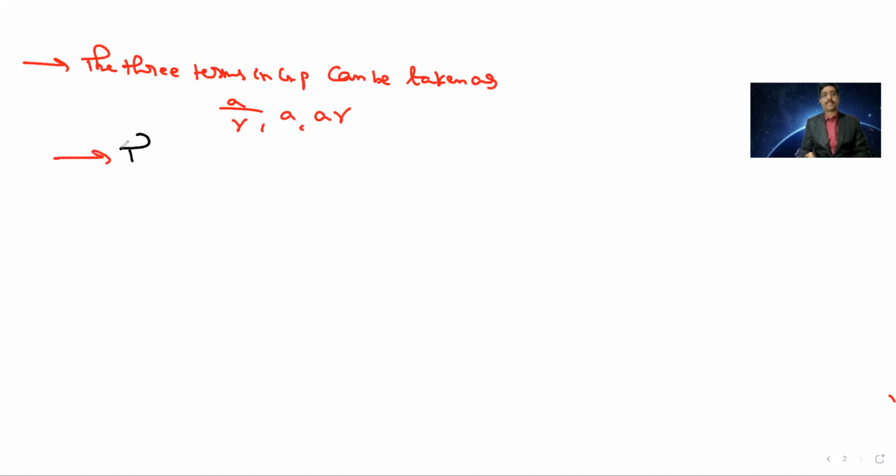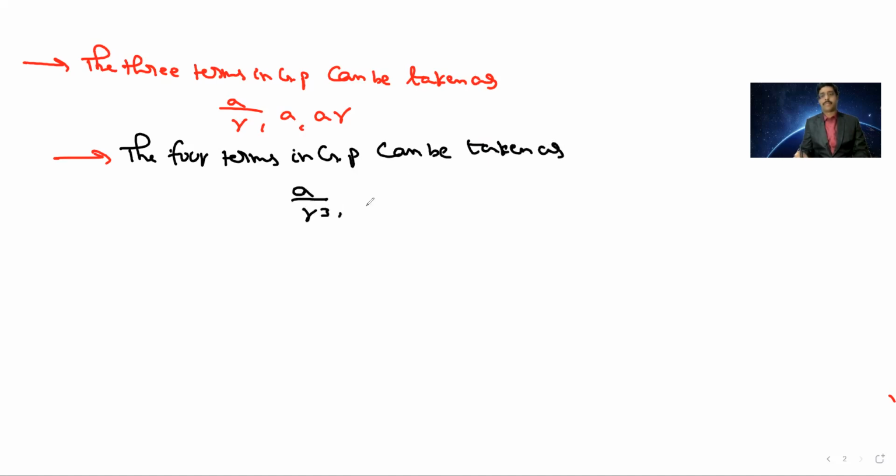Four terms in GP can be taken as A by R cube, A by R, AR, AR cube.